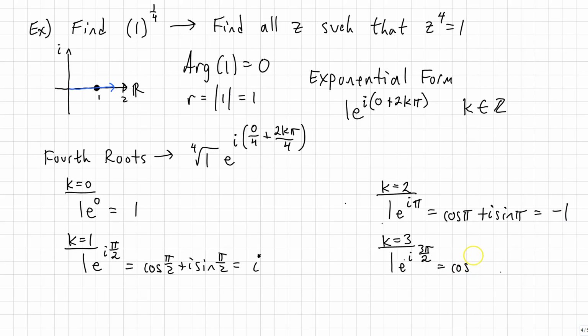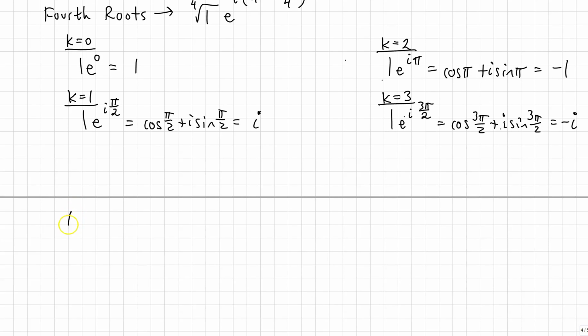And then here, if you plug in 3 pi over 2, you're going to get negative i. So our fourth roots are i, negative i, 1, and negative 1.